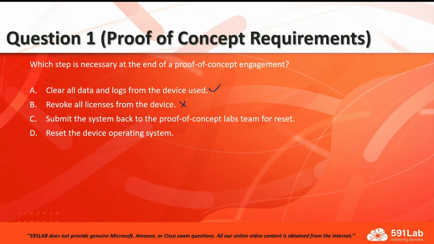We need to reset the configuration or clear all the data first before we turn it back to the lab team. And D, reset the device operating system. We can use clear all data to reset all the configurations. Then the answer for question number 1 is A, clear all data and logs from the device used.